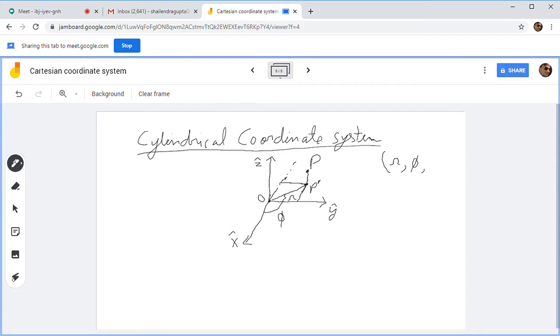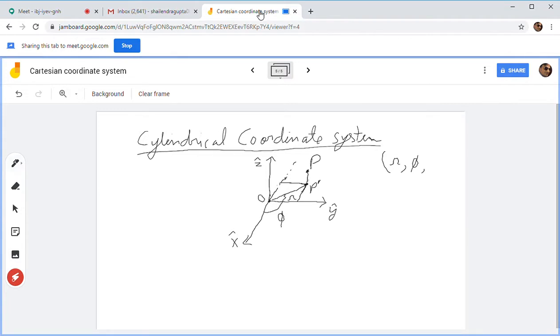Please concentrate on how you define these dimensions. It is vector R, which is the vector drawn from the origin to your P dash, and this phi is the angle this vector makes with the x-axis.